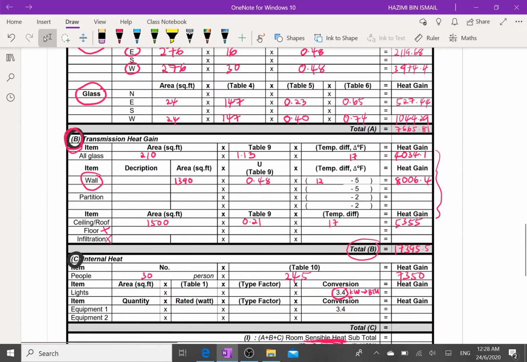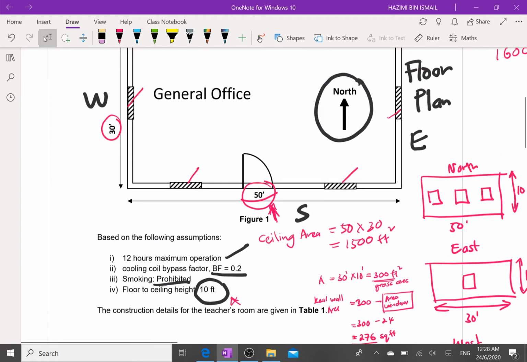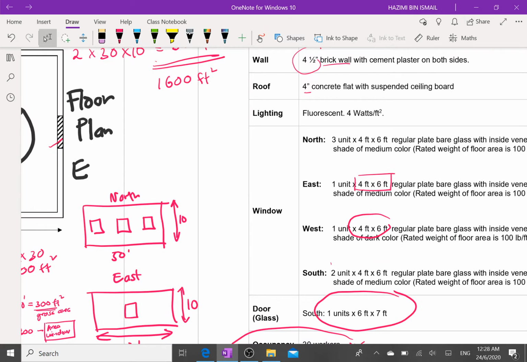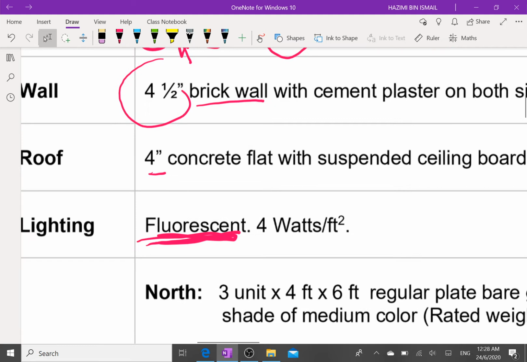Before that, let's refer to the building information, lighting. The information is given for fluorescent. The light or bulb is made from fluorescent material, not LED, not incandescent, just fluorescent.